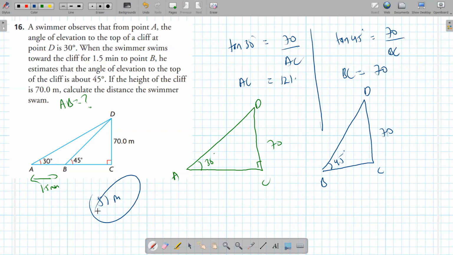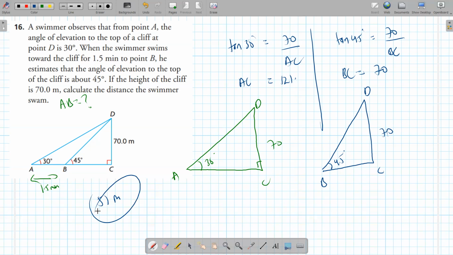What if I asked you, what was his speed? What was his swimming speed from A to B? We know the distance is 51 and he swam for 1.5 minutes. So a question could be, how fast does he swim? 51 meters per 1.5 minutes.